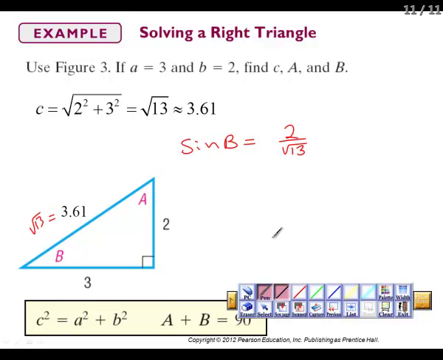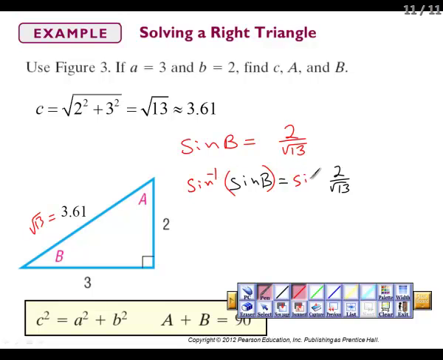Alright, and so now, because we don't know what angle B is, what do you think we have to do at this point? You should have said that we are going to apply inverse sine to both sides. And so we get B equals, and then on the calculator, inverse sine of 2 over square root of 13, and then we go ahead and put that in our calculator.